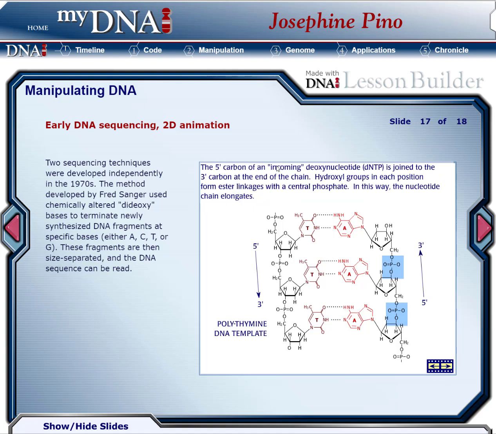The 5' carbon of an incoming deoxynucleotide, dNTP, is joined to the 3' carbon at the end of the chain. Hydroxyl groups in each position form ester linkages with a central phosphate. In this way, the nucleotide chain elongates.